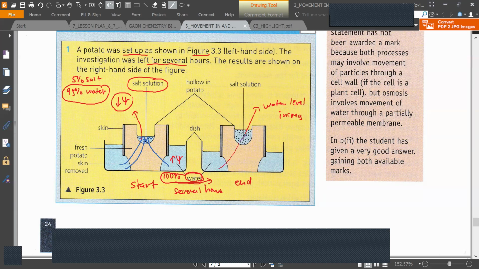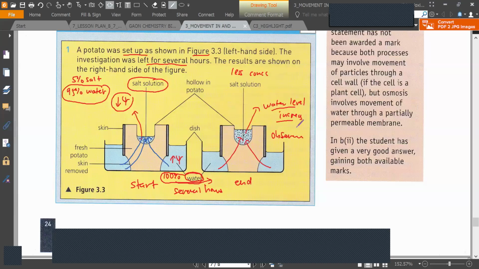Basically, the water will keep moving until both sides have the same water potential. So this solution will get less and less concentrated, close to the concentration of water. So this is what we observe.